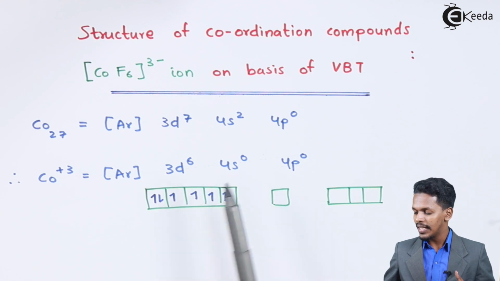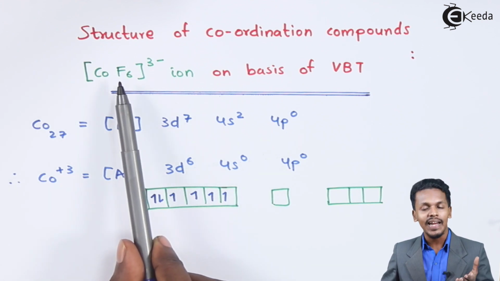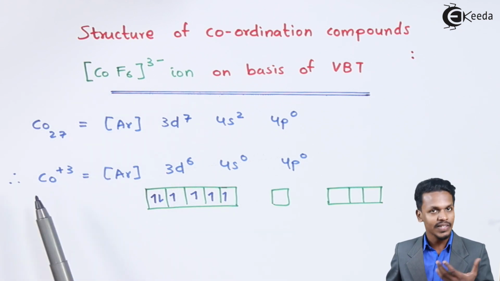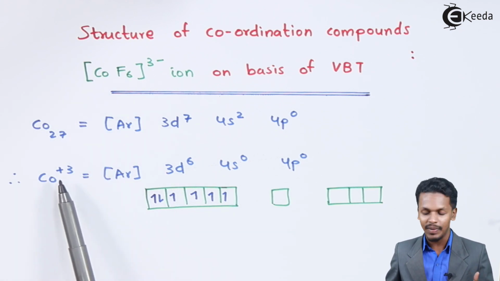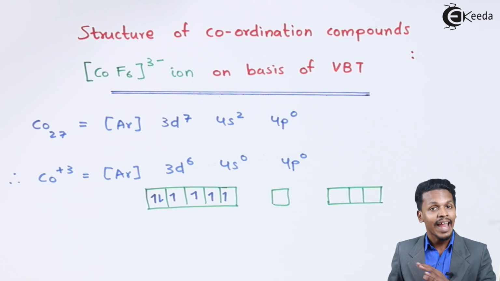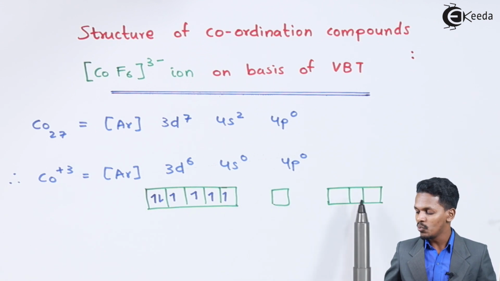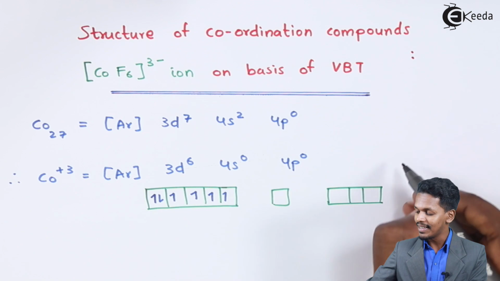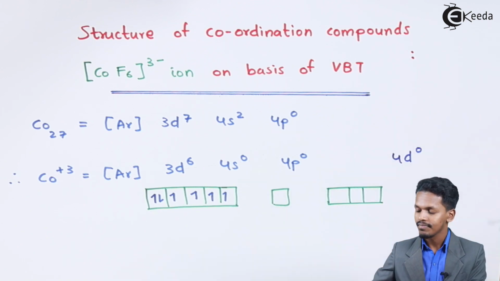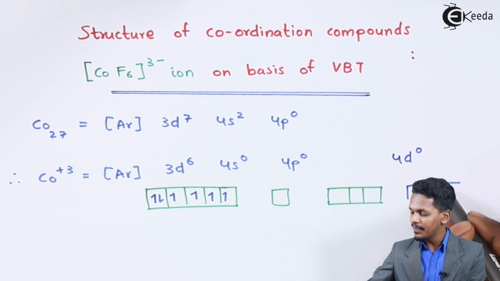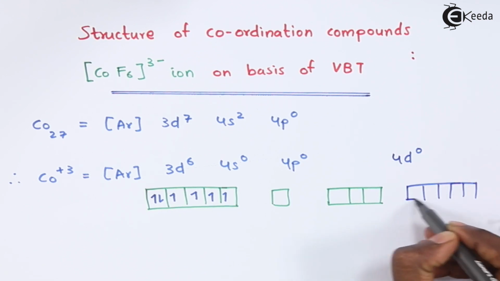In this case there are 6 ligands. If 6 ligands have to approach the central metal ion, here cobalt 3 plus, there should be availability of 6 empty orbitals especially. So we have 1 2 3 and 4 orbitals, but we can also write 4d0, and the d orbitals will be vacant.